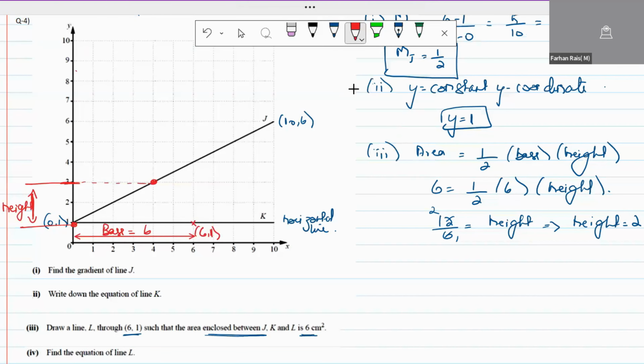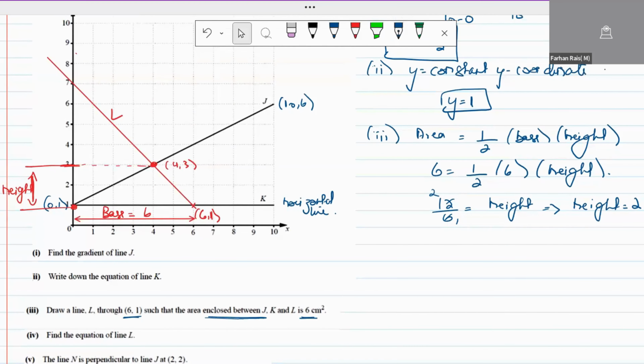The required line L starts from 6 comma 1 and passes through this point 4 comma 3, and this is the line L we were supposed to draw.